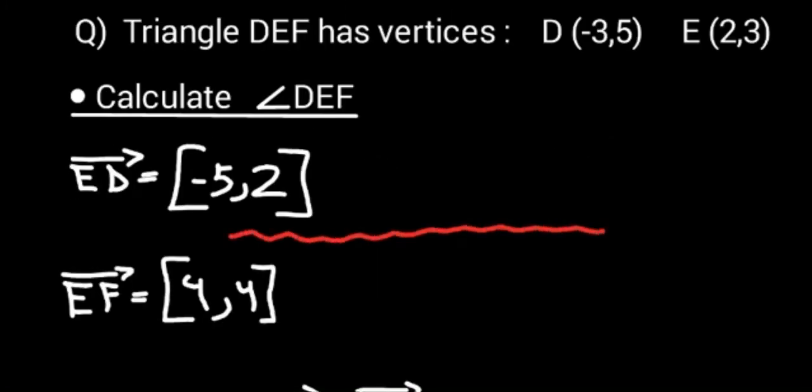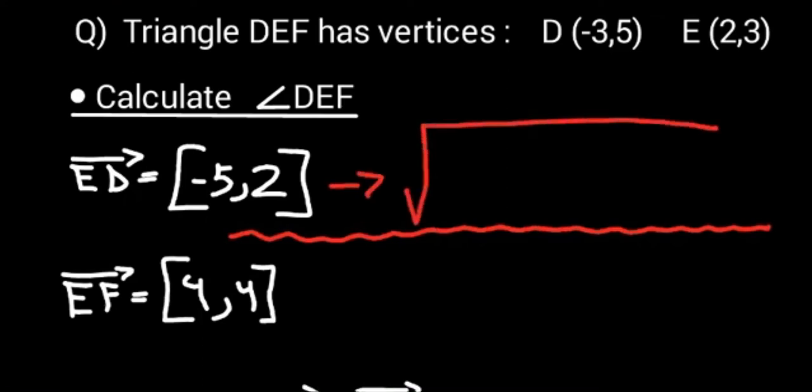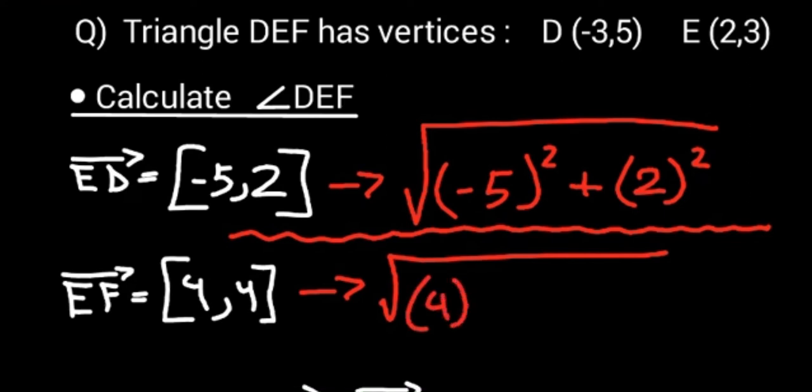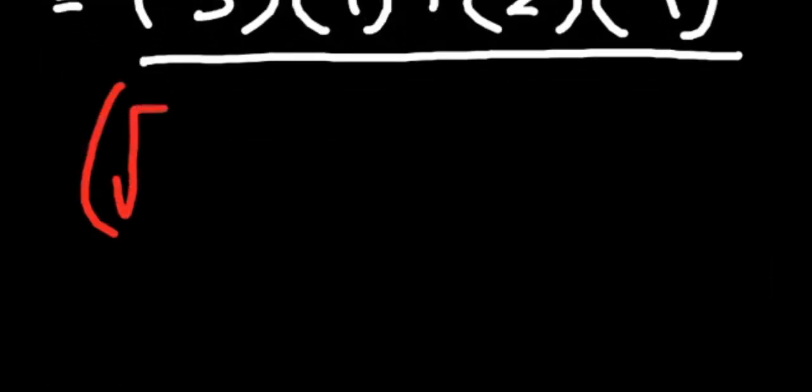How we find the magnitudes is that we take the square root. For each line, we do x squared plus y squared. So we do square root of -5 squared plus 2 squared. And then we do the same thing for EF. So we have the square root first, and then we do 4 squared plus 4 squared. Okay, I'll write these down real quick.